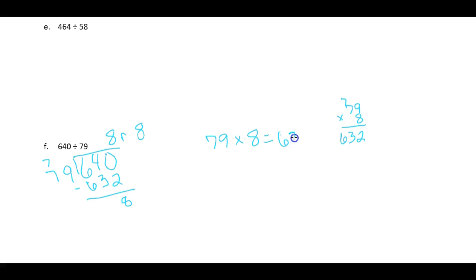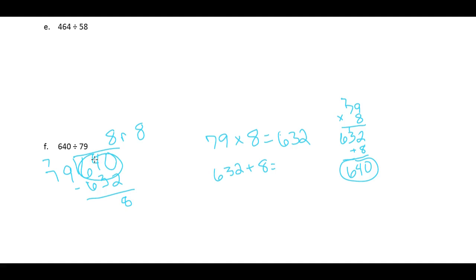Now we take that 632, and we say plus our remainder of 8. 8 plus 2 is 10. 3 plus 1 is 4. 6 plus nothing is still 6. And it's 640. And that's what they got here.